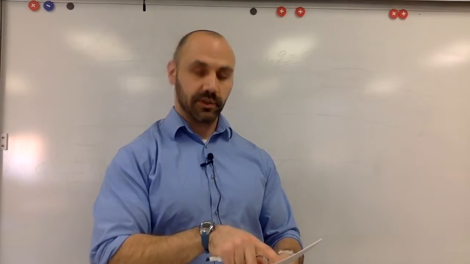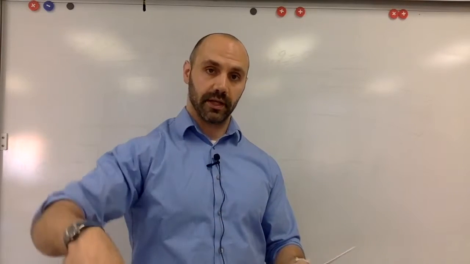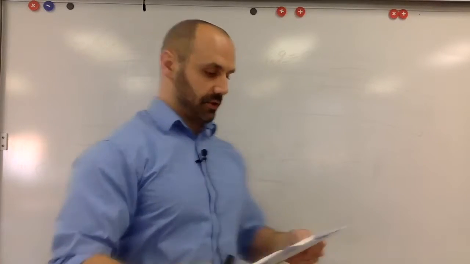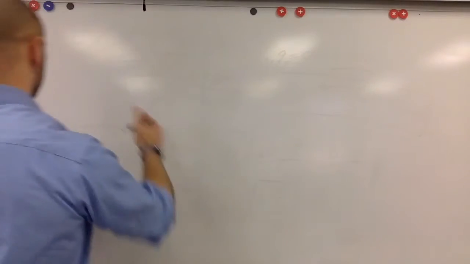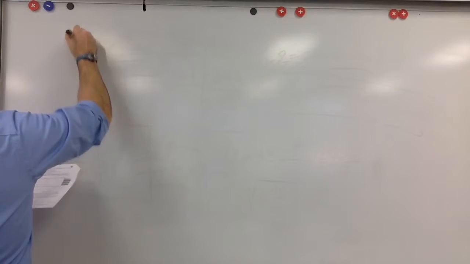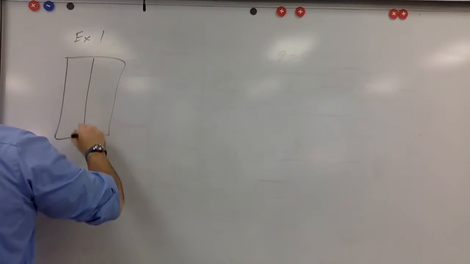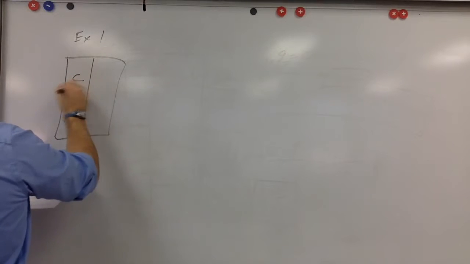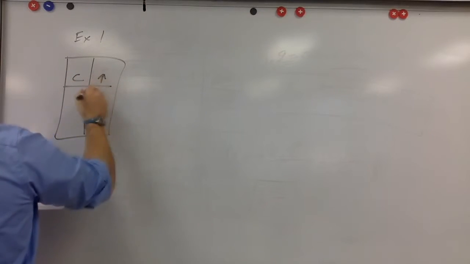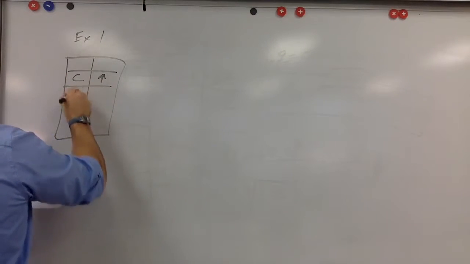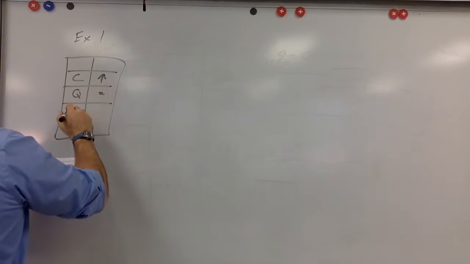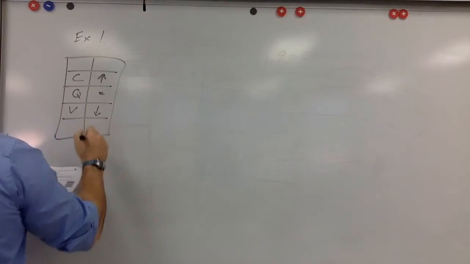V, however, changes. Notice the voltage is going to go down. And so in this little chart here, example 1, C goes up. So all you're doing is drawing little arrows here. Q is equal. The voltage is going to go down.